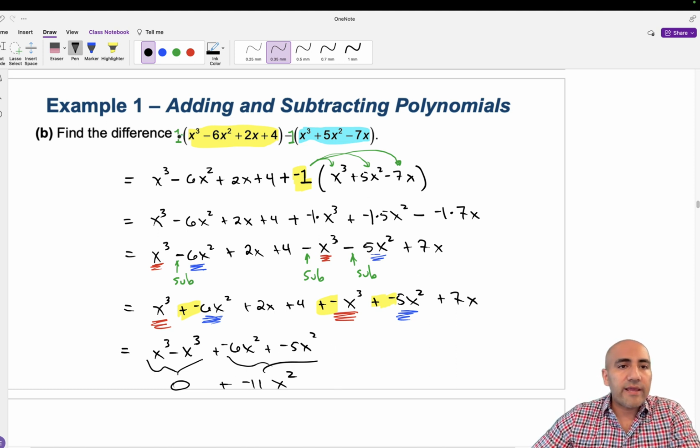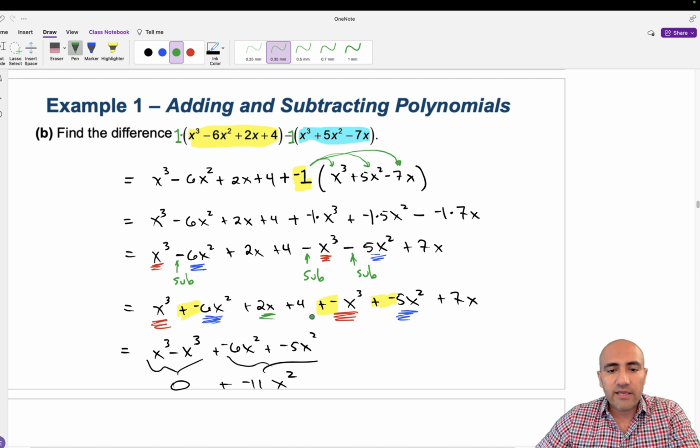Good. Next, we have these terms, the terms that just have x to the power of 1. So that's 2x and also 7x, right? So they add up to 9x. That one's an easy one. So we have plus 2x plus 7x. Together, they give you plus 9x. And then finally, there's one term that nobody played with, and that would be the constant 4.